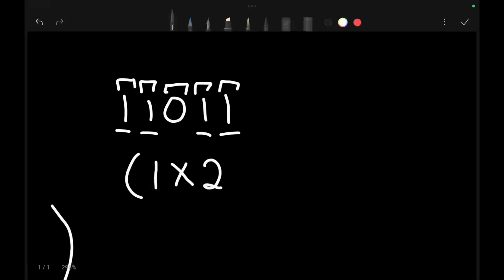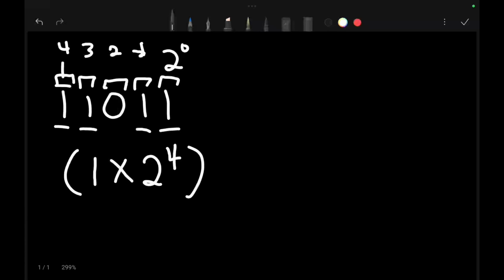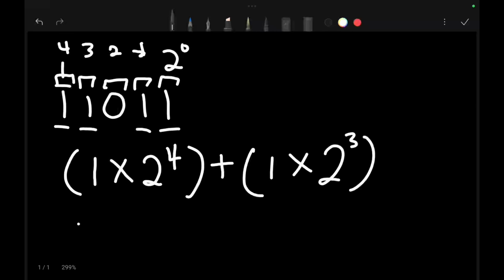Remember, these are the powers 0, 1, 2, 3, 4. Now you put it in. Because it's 1, there exists 2 with the power of 4. These are a family, so you must add them together. Now add plus 1 multiplied by 2 with the power of 3, and then you keep continuing.